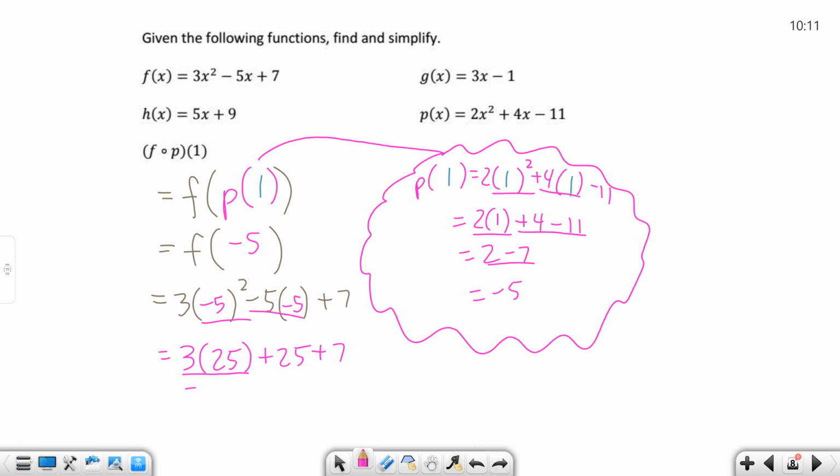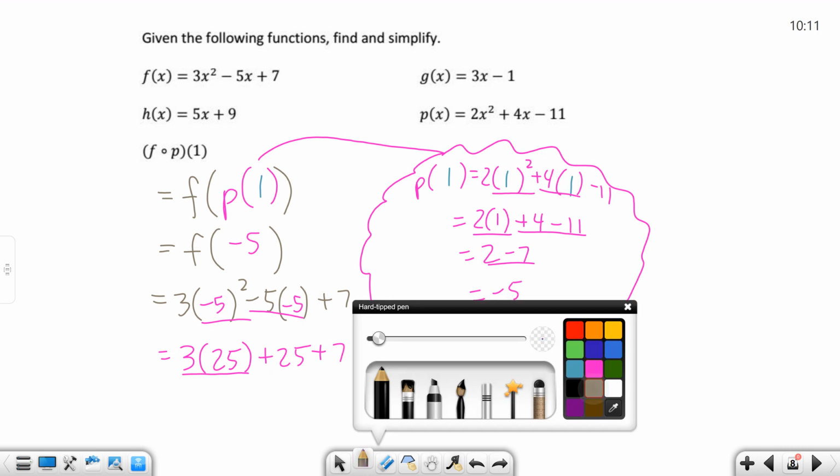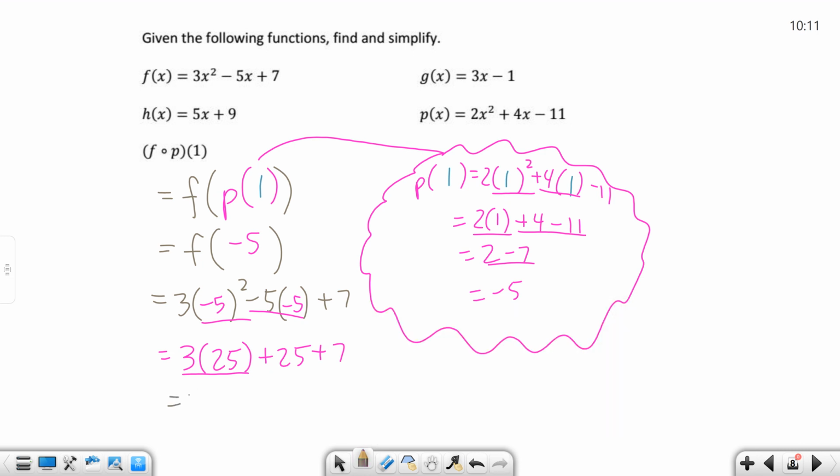Oops. Should have been doing this in gray. Oh well, I'll change it here. So this is going to be 75. And then it's really easier to add it a different way, but this is going to be plus 32. Put those together, and you get what? 107. So your final answer of f of p of 1 is 107.